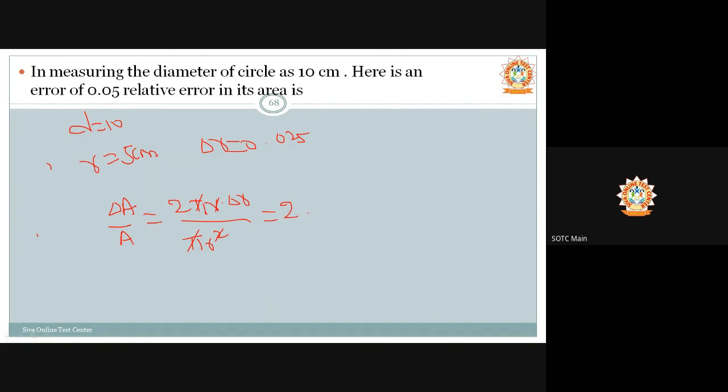You have 2 into del r divided by r. So tell me what it is getting. 2 into del r is 0.025, nothing but 0.05, divided by r which is 5. So it will become 0.01 is your relative error in its area.